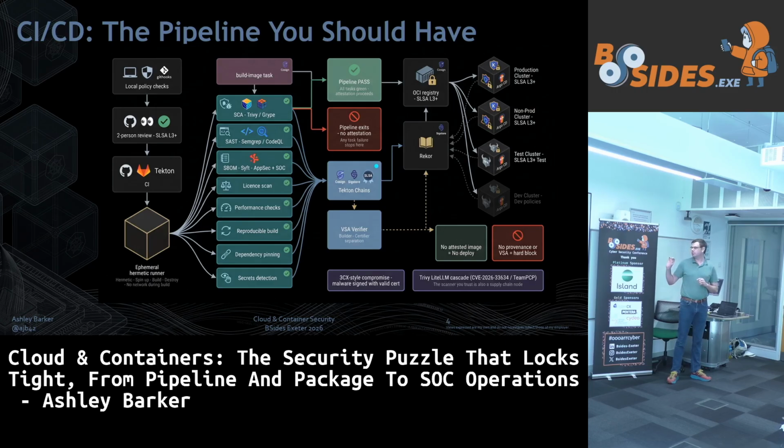So there's a really, really good thing you can do with your pipelines called attestation signing. So every event that runs in a pipeline generates an attestation. It says who it was that ran it, what it was that ran it. So was it a hermetic runner? Was it someone running it on an endpoint? What were the results? And gives it a nice cryptographic signature. That then you can send up into something like Rekor.